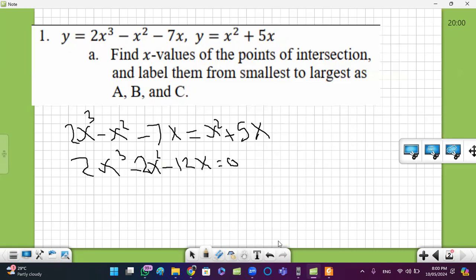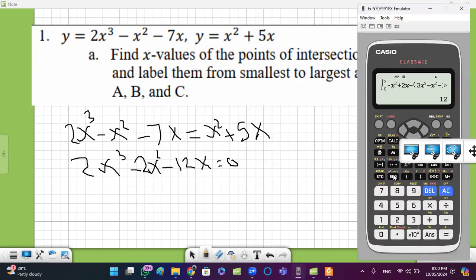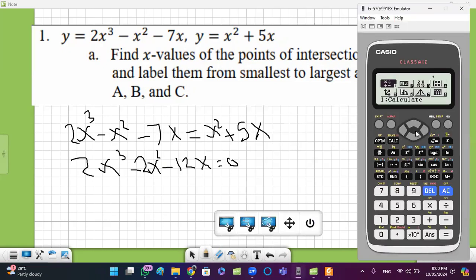We can use a calculator to solve it directly. Or I can go this way. If you have like this one, you can do equal 2 and 3. So you're going to put here 2, negative 2, negative 12, and 0.